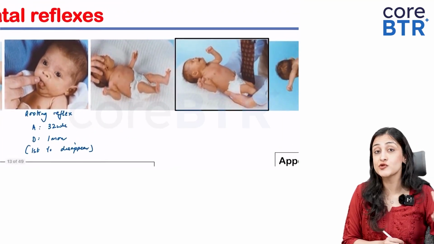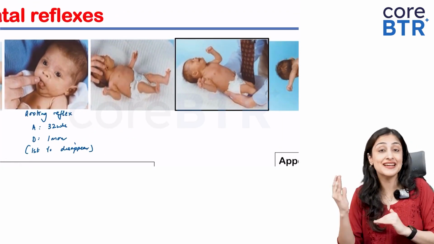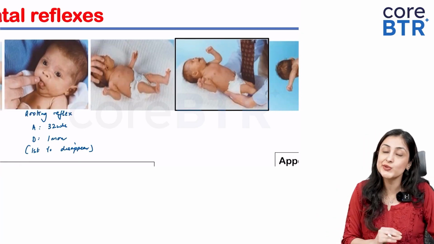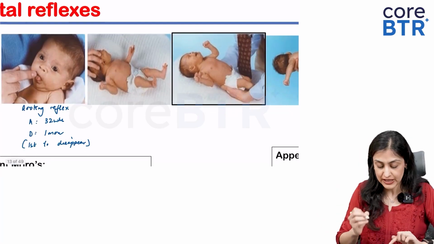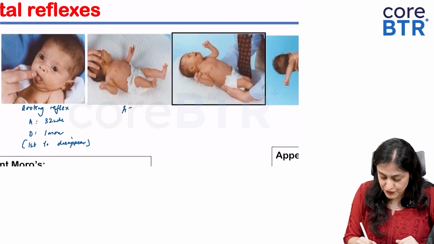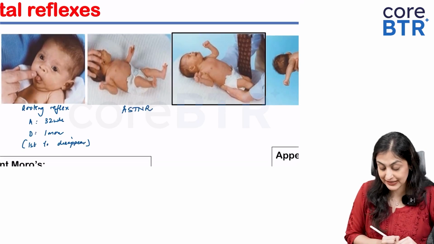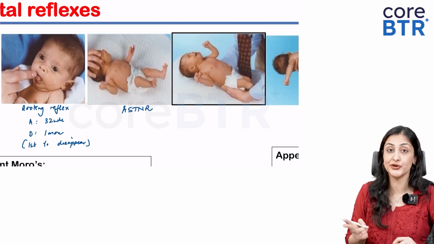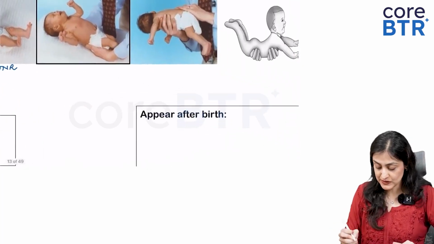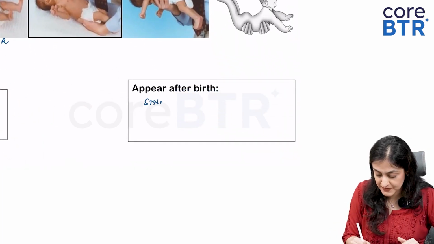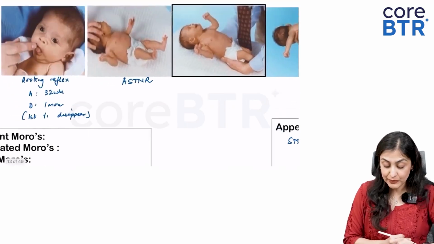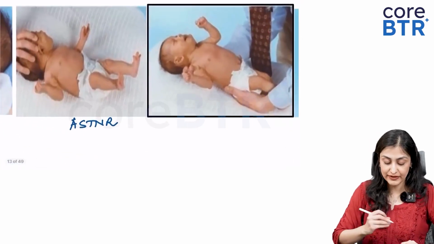Then look at this. So this is where you have to distinguish, is it STNR or ASTNR, symmetric tonic neck reflex or asymmetric. For that, you first have to know that asymmetric tonic neck reflex is what is going to appear before birth. Symmetric tonic neck reflex comes after birth. How to remember: vowels stick together always.